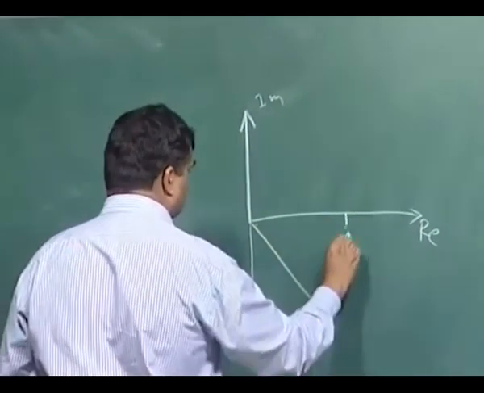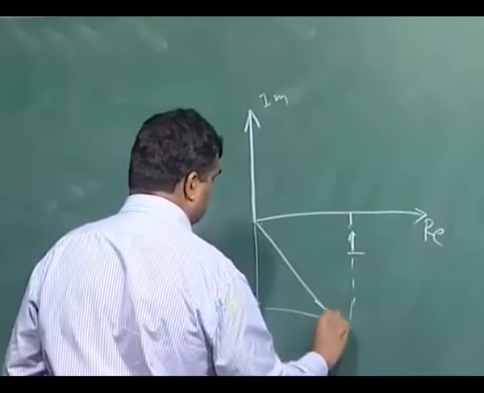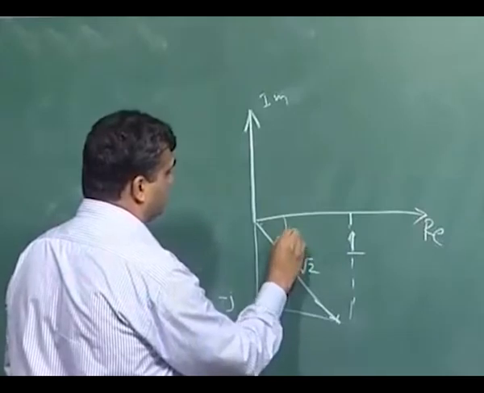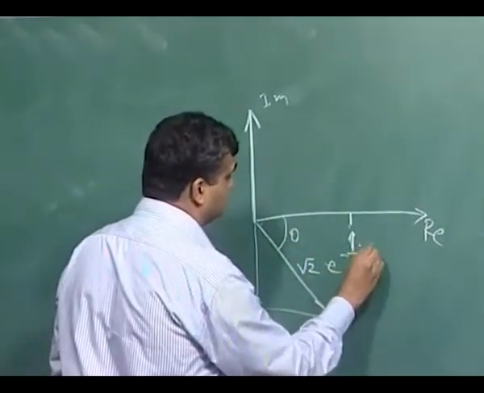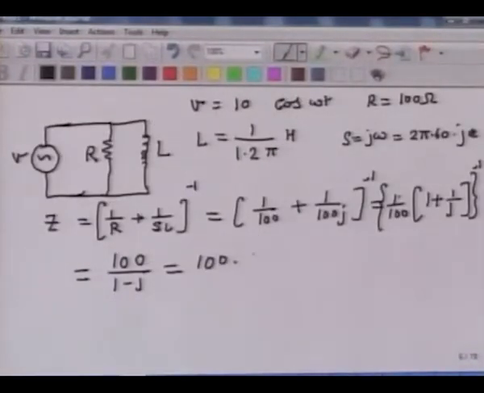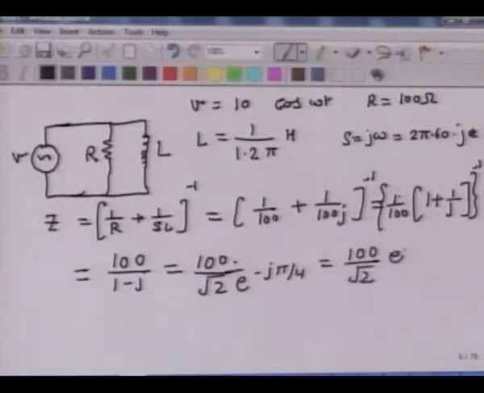So the magnitude is root 2 and this is the angle, so e to the minus j pi over 4. So my Z is 100 over root 2 e to the minus j pi over 4. Everything is in the denominator, so I bring it up in the numerator: 100 over root 2 e to the j pi over 4.